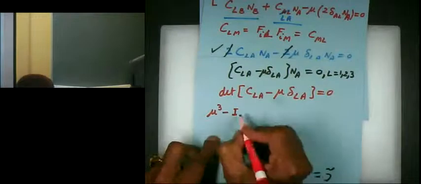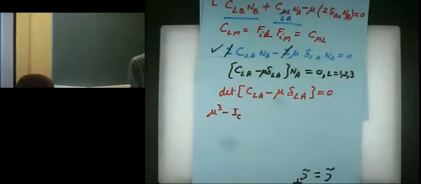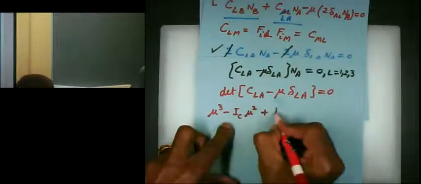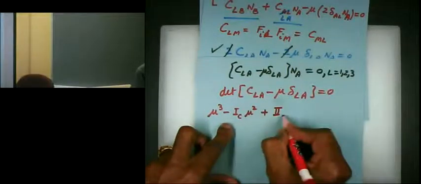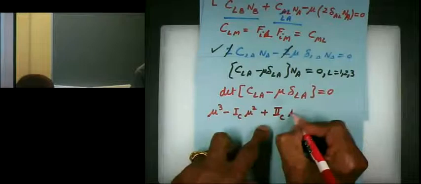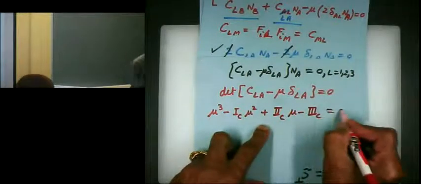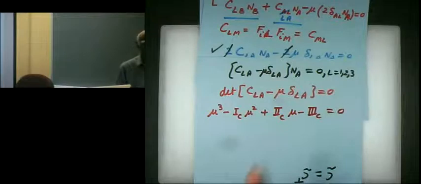And I'm going to put a subscript C on it because it belongs to C, the matrix C. So it's mu cube minus I_C mu square plus II_C times mu minus III_C equal to 0. So if you take the determinant, this is what you will get.